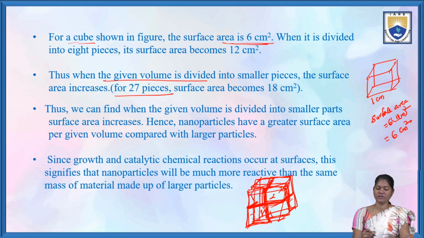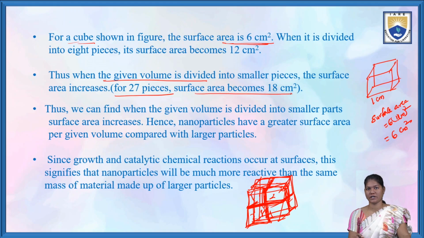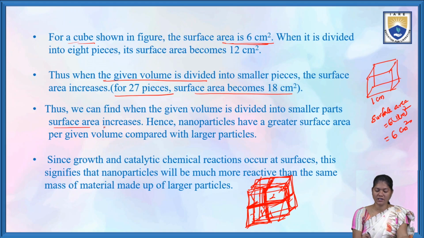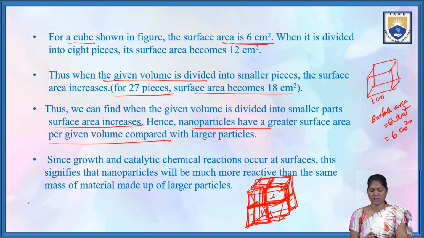Suppose the cube is divided into 27 pieces, then the surface area becomes 18 centimeters square. So we can find that when the given volume is divided into smaller parts, the surface area increases. So nanoparticles have a greater surface area per volume compared with larger particles.